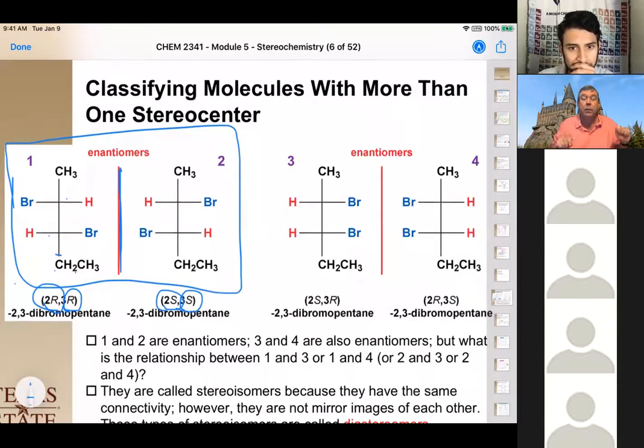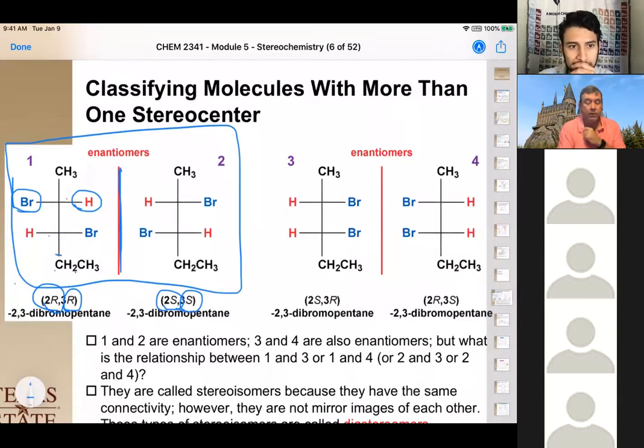Okay, so in the case of trying to draw the other isomer, what we need to do is take one center of the system and swap it.